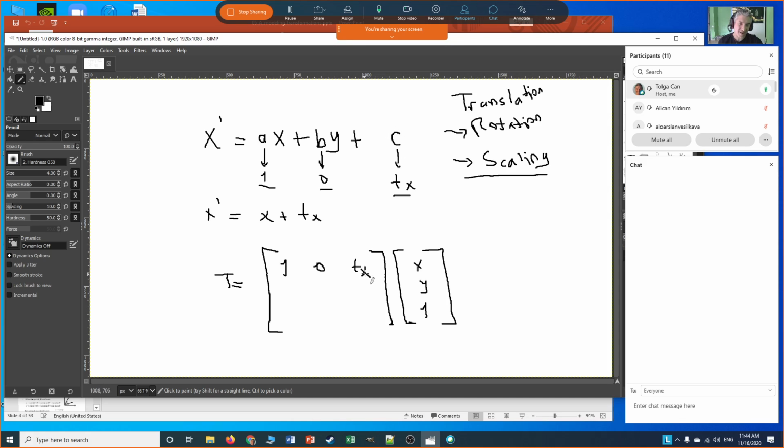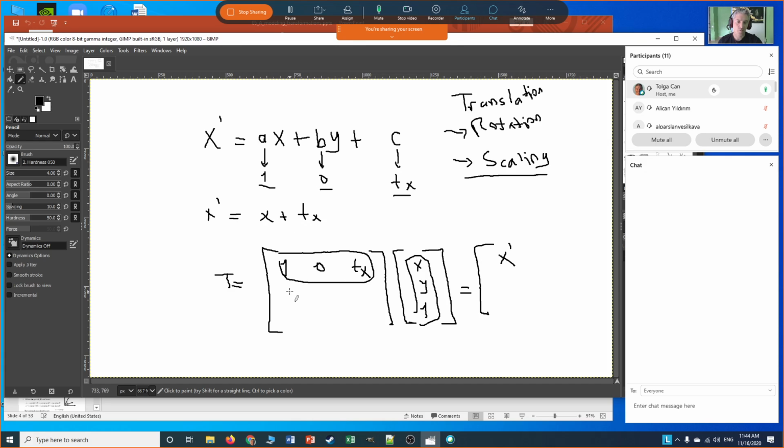In other words, whatever I have here is going to be multiplied with 1 and added to the new coordinates. How do we perform matrix multiplication? We take the first row and multiply it with the column, 1 by 1, and we find the new x prime coordinate. So 1 times x, 0 times y, 1 times tx gives me just x plus tx, and that's x prime.